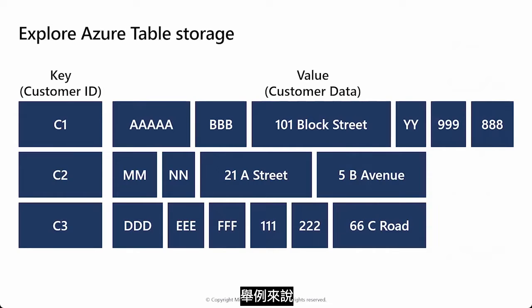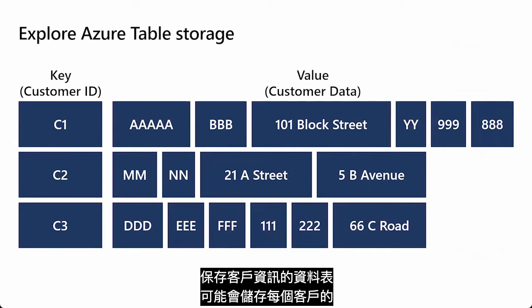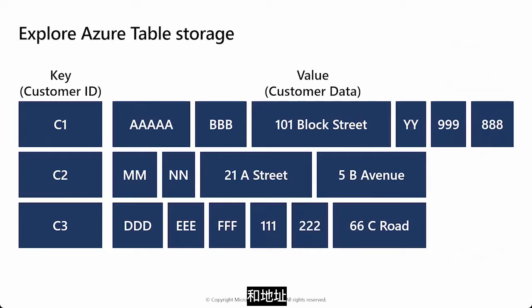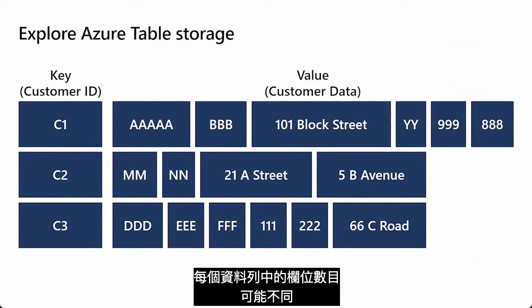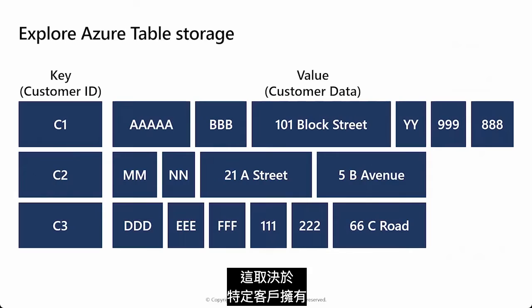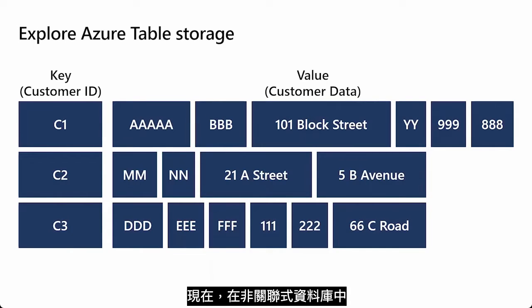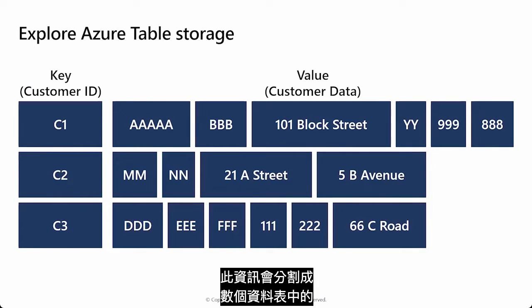For example, a table holding customer information might store the first name, last name, and one or more telephone numbers and addresses for that customer. The number of fields in each row can be different depending on the number of telephone numbers or addresses that particular customer might have. In a relational database, this information would be split across multiple rows in several tables.